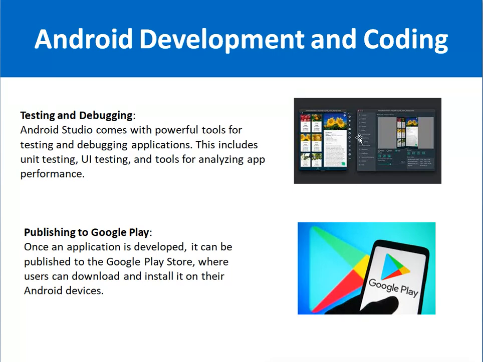Whenever you are developing an application, you can use those tools before publishing and giving the application to customers. Publishing to Google Play: once the application has been developed, it can be uploaded and published on the Google Play Store, from where users will download and install it on their Android devices.